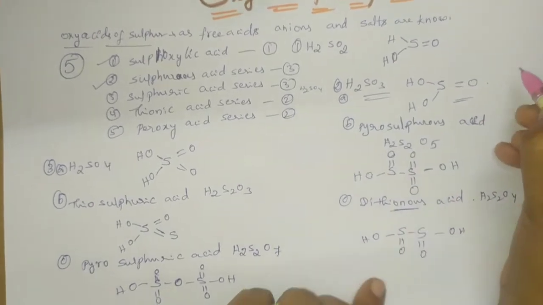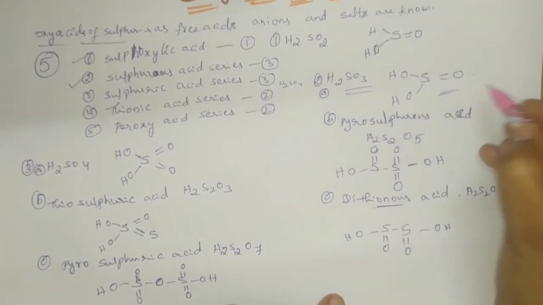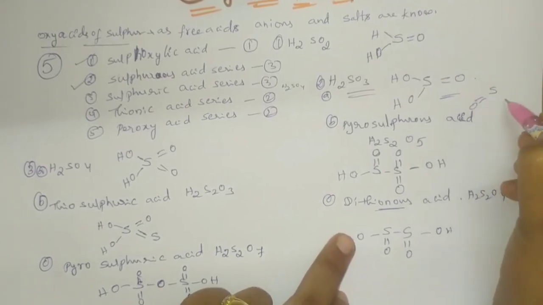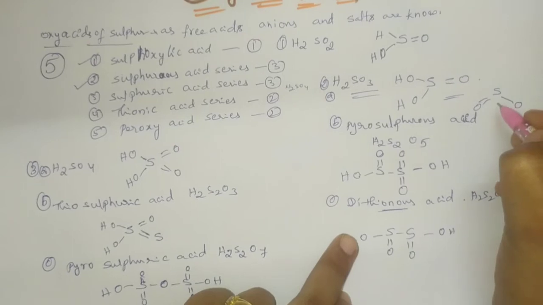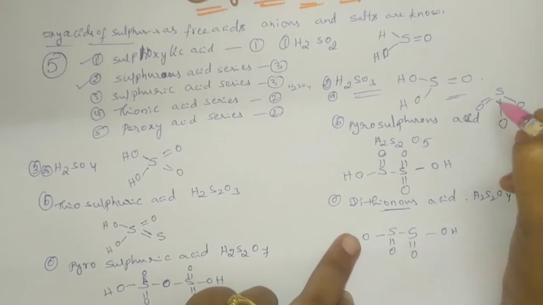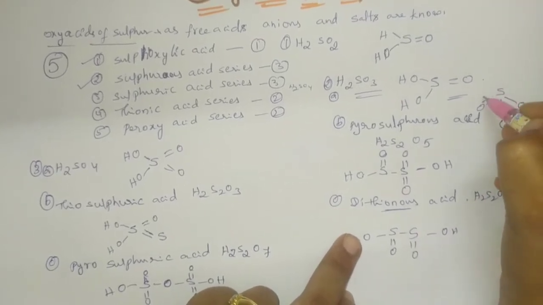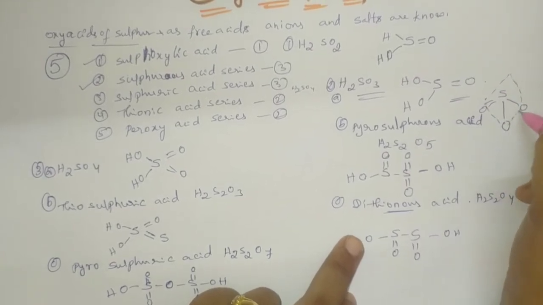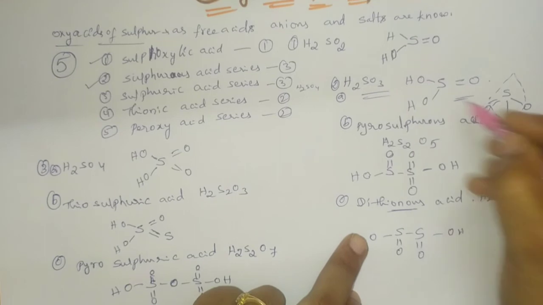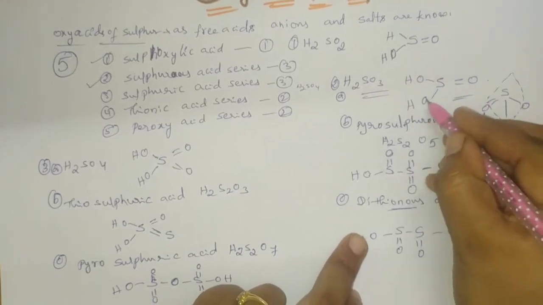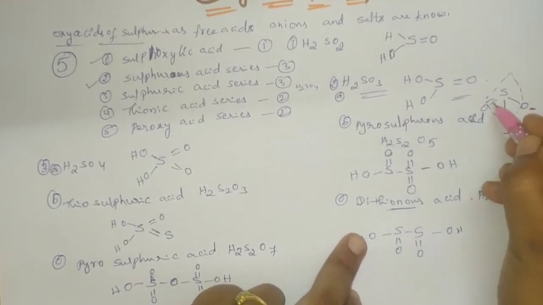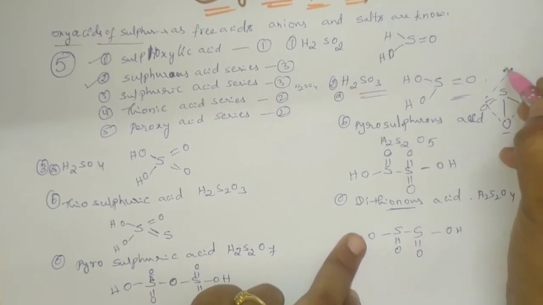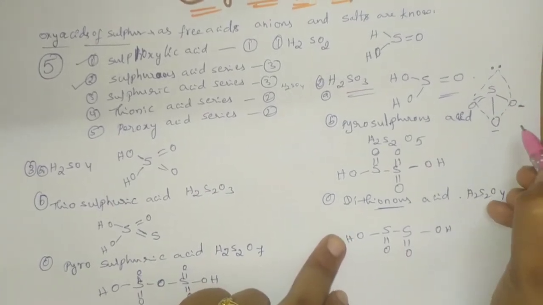See here, the geometry of this sulfurous acid has a double bond O. Simply we are drawing like this. Loss of hydrogens: 1 hydrogen lost, minus charge, 1 hydrogen lost, minus charge. This one will be a double bond, and sulfur has the lone pair of electrons on that one. This one will be the geometry of this thing.